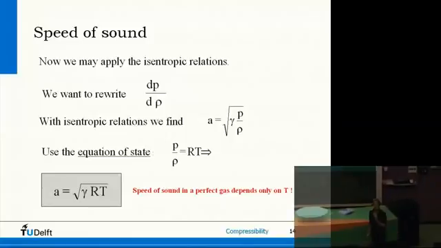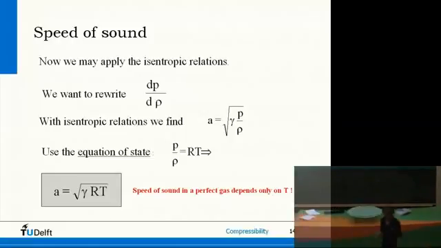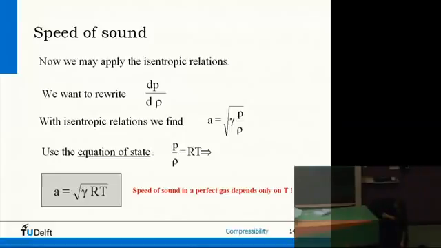That's the speed at which sound waves travel. A squared is dp over d rho. And from using the Euler equations and the conservation of mass, we could derive that that is the same as A is square root gamma p over rho. Using the equation of state, we found A is square root of gamma RT.